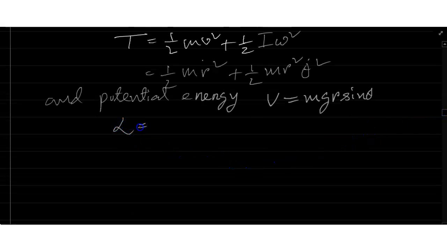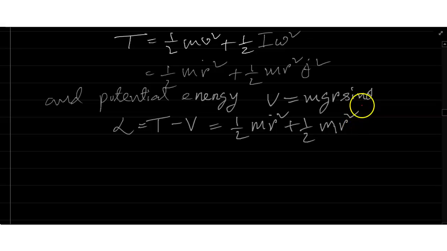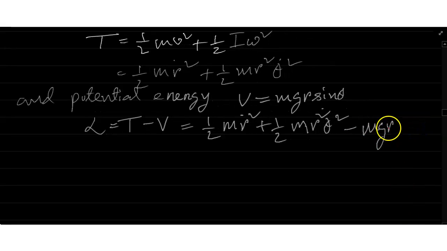And L equals T minus V. So L equals half m r dot square plus half m r square theta dot square minus m g r sin theta.